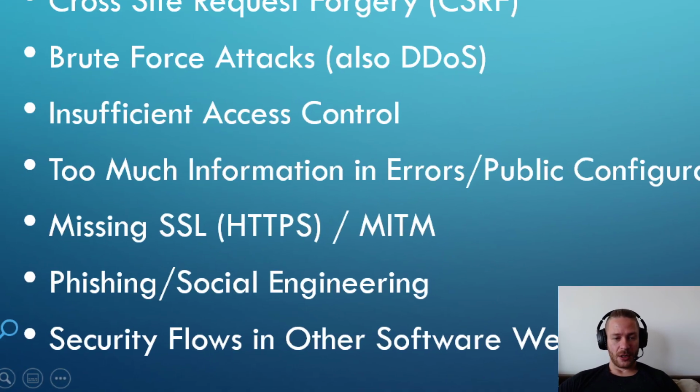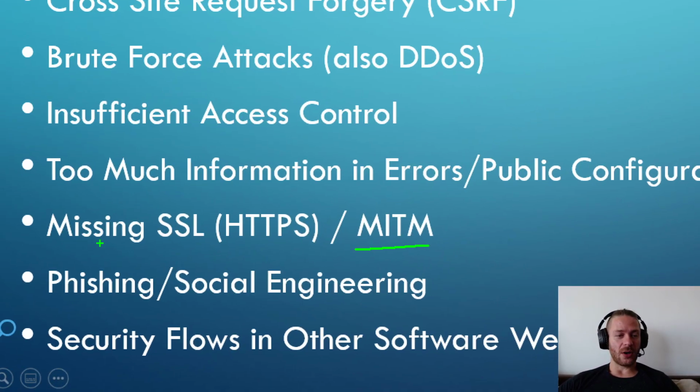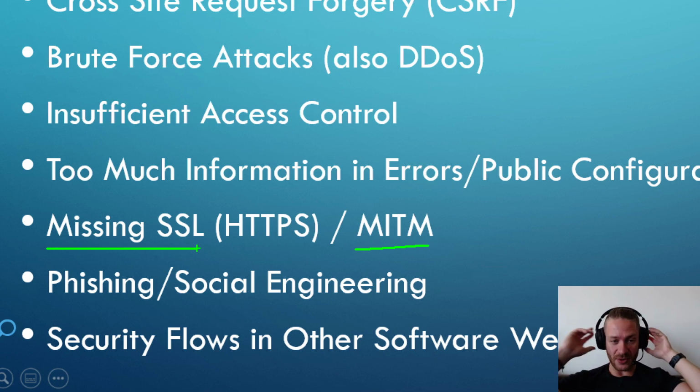Man in the middle attack or missing HTTPS or SSL, which means that our connection to the server is not encrypted, and if somebody decides to join our network and sniff our requests, he may gain access to our password, to our credit card, and quite a lot of other information.